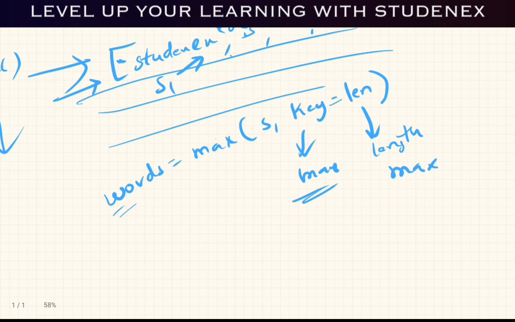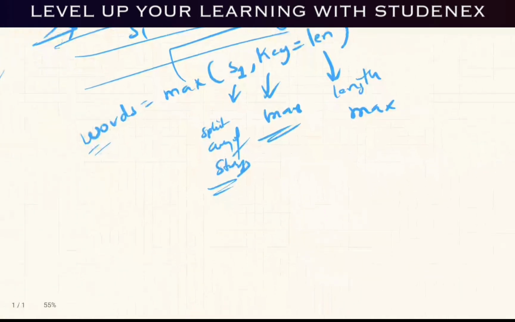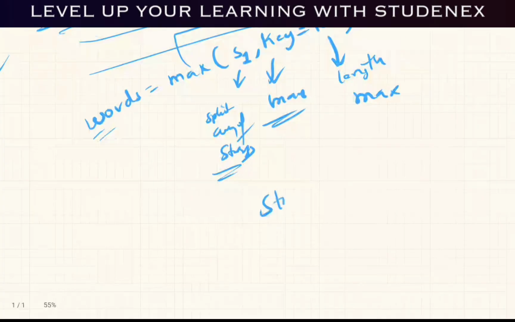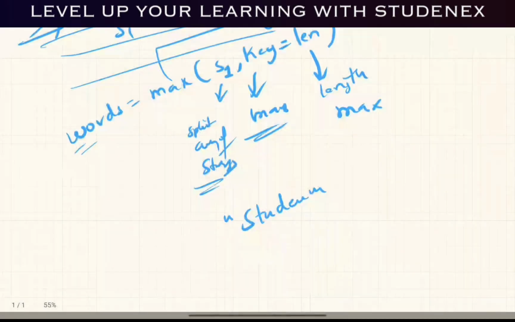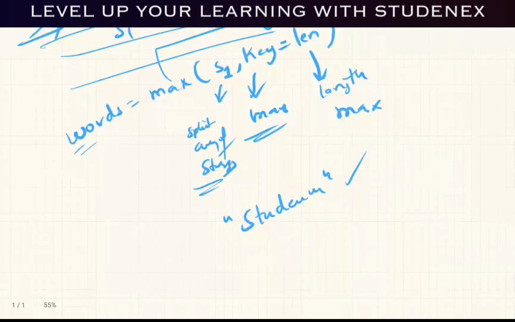So I did the maximum length value here: maximum of S1, which is our split array of strings, comma, length. This will find the maximum length, which is going to be student X, the largest word.